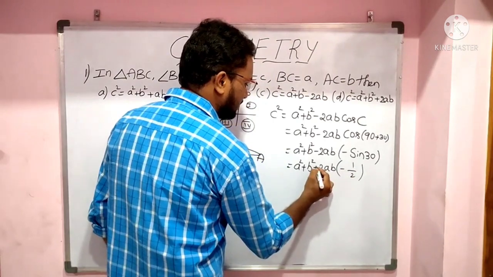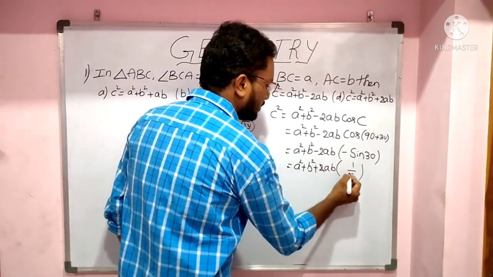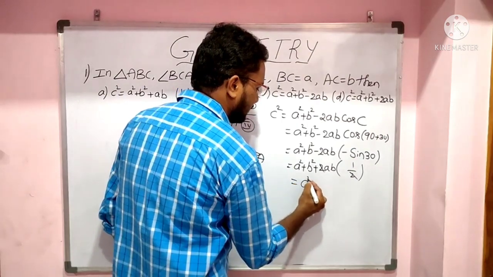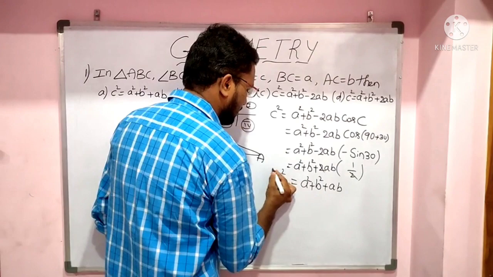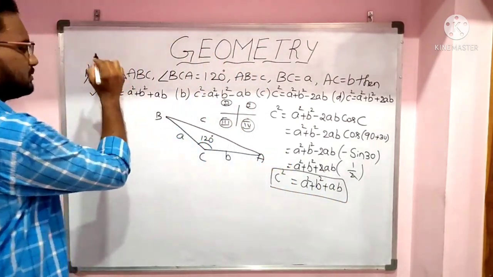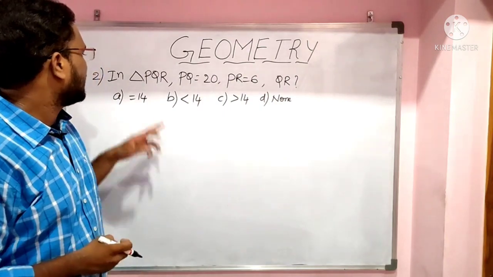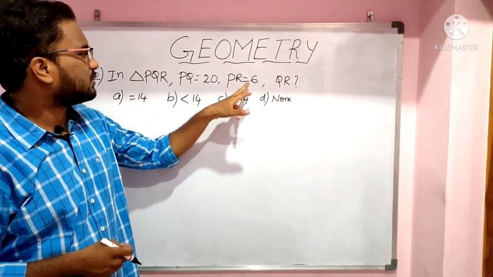So minus into minus is plus, and the 2 cancels. So c square equals a square plus b square plus ab. Answer: first option.